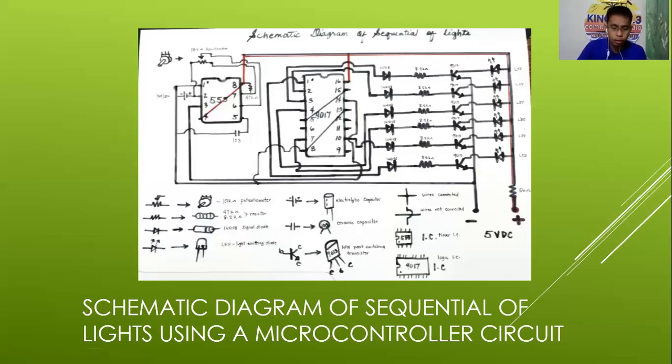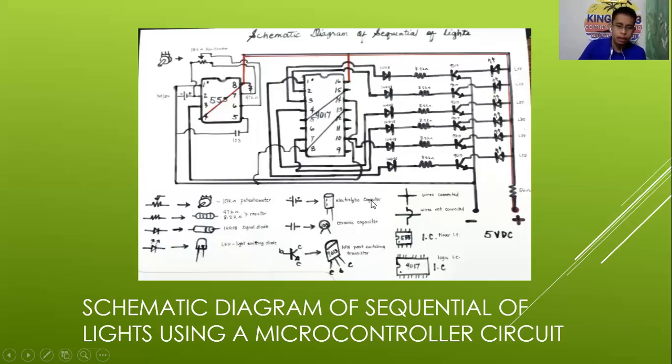What is special to this kind of component? It emits light, umiilaw. But the same composition inside. So it has anode and cathode portion or part. So LED stands for light emitting diode. So yun yung magsaserve as indicator or output natin na nagra-running yung light or nagkakaroon ng sequential of lights.